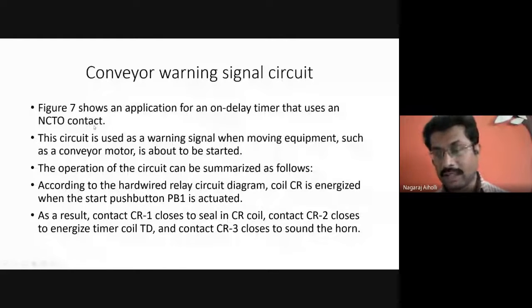Can you all recollect, students, what is the NCTO contact we discussed in the last class? What is the full form of NCTO? Based on that, you'll be able to recollect the function of that NCTO.